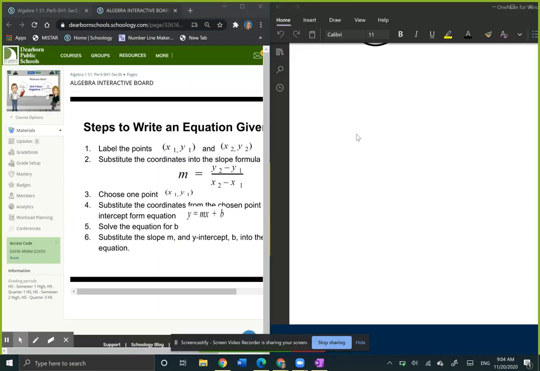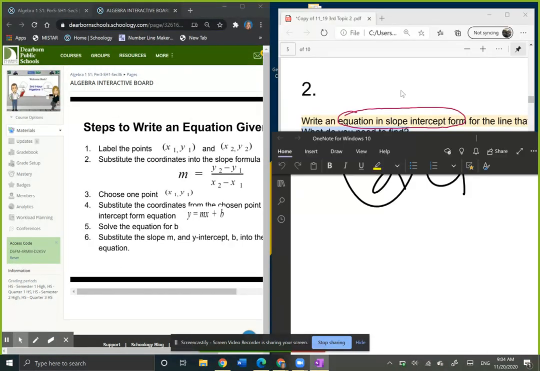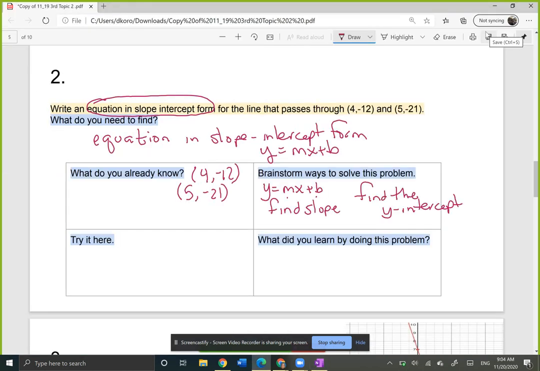So all your flow map does is put it in the steps. Okay, let me get the points. Where are the points? I lost the points. Here they are. So the points are 4 and negative 12. Let me just write this down. 4 and negative 12 and 5 and negative 21.